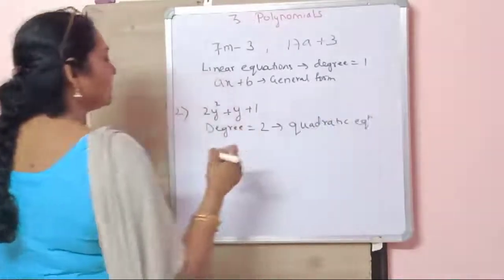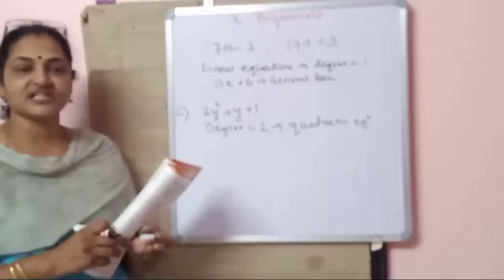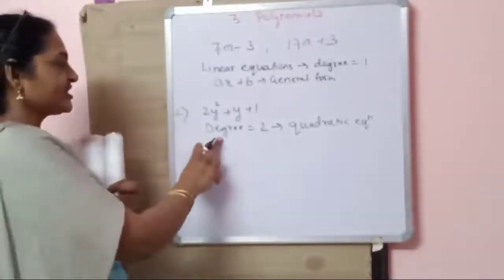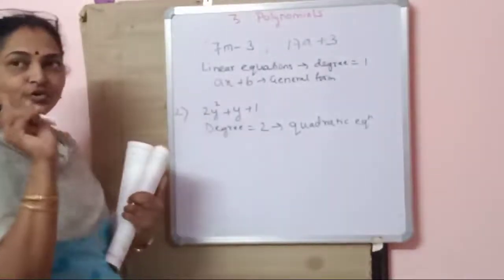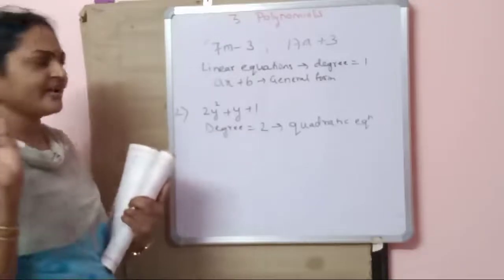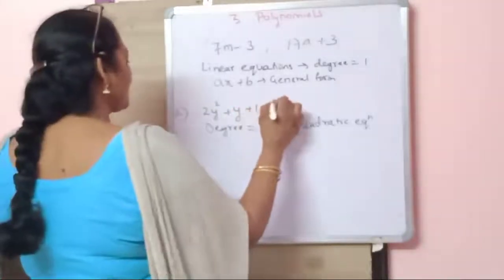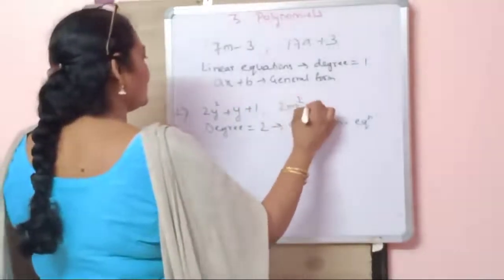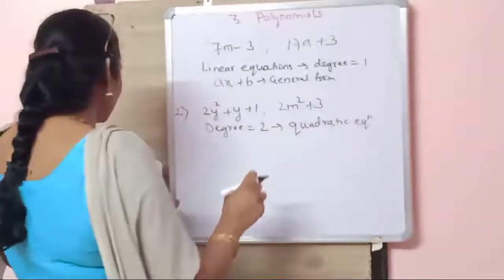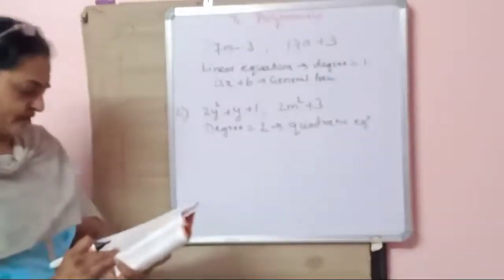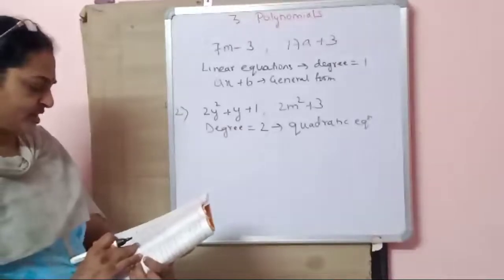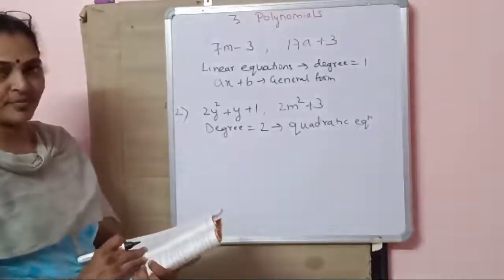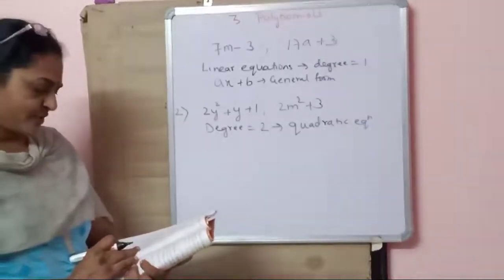So what are quadratic equations? Quadratic equations are those where the highest degree of the variable is equal to 2. The number of terms may vary. For example, 2m square plus 3 will also become a quadratic polynomial.